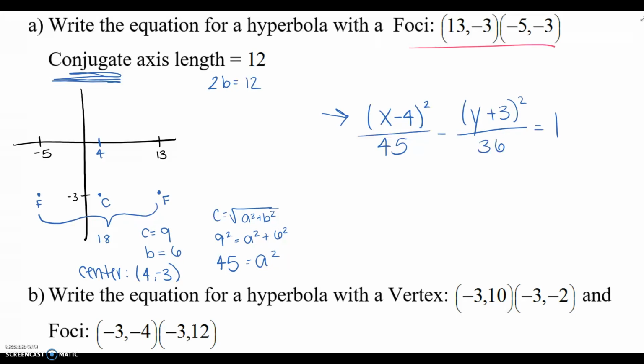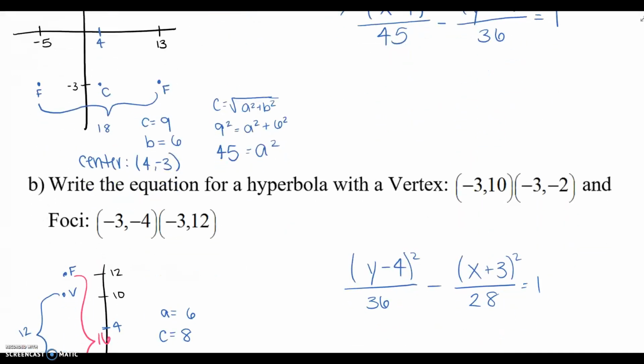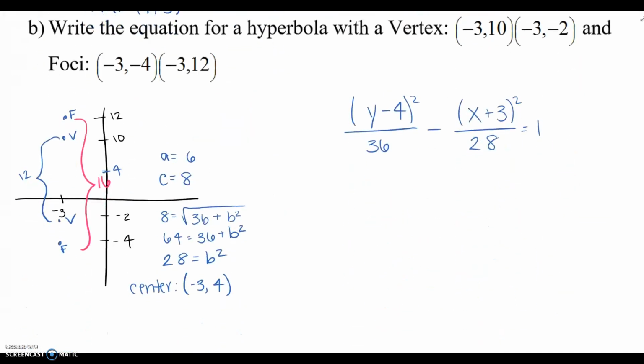So for B, hopefully you got y minus 4 squared over 36 minus x plus 3 squared over 28 equals 1. So recapping how I got this, I started by plotting my vertices and my foci. And then I found the distance between my vertices, and I know half of that is a.